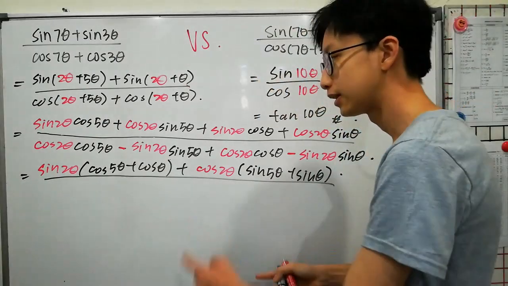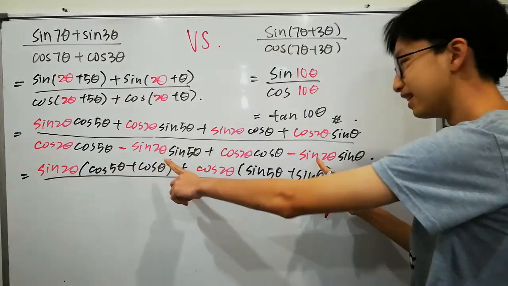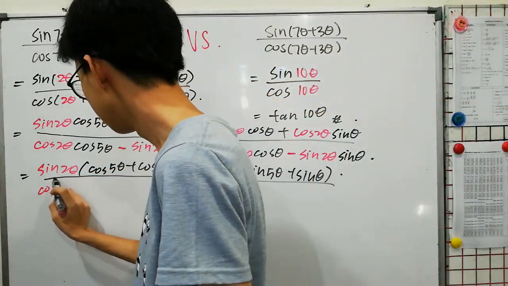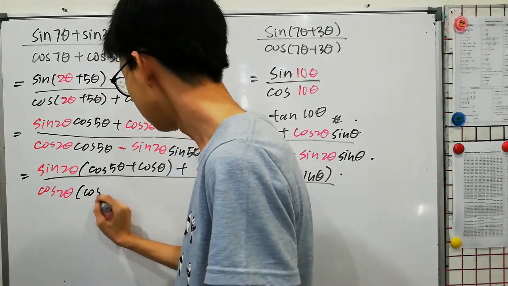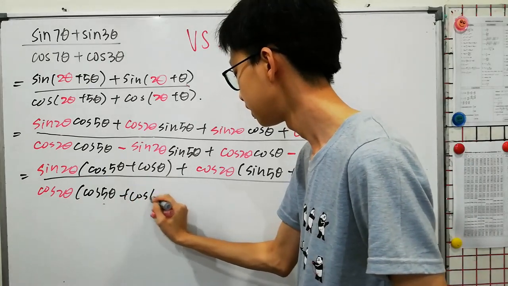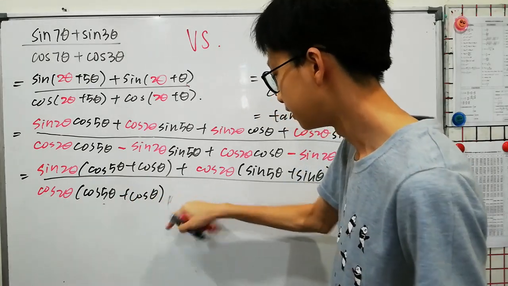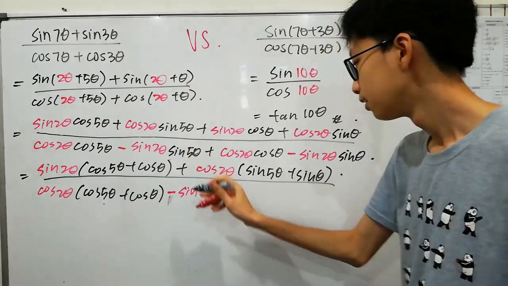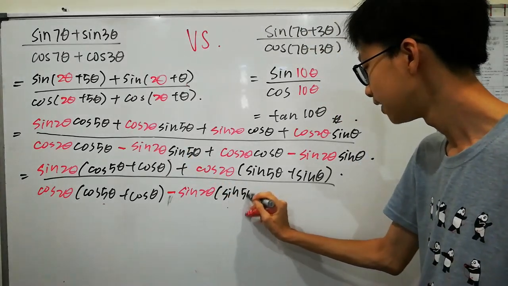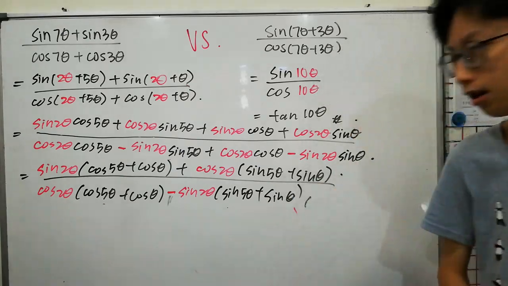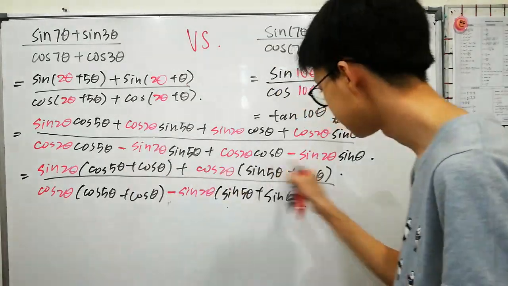Below, factor out cos 2 theta and negative sine 2 theta. We'll have cos 2 theta times cos 5 theta plus cos theta, minus sine 2 theta times sine 5 theta plus sine theta. Careful, you cannot straight away cancel like this.